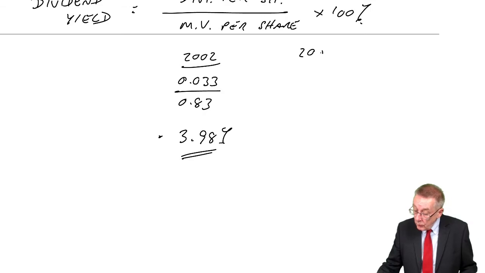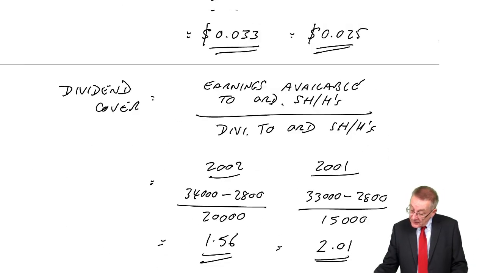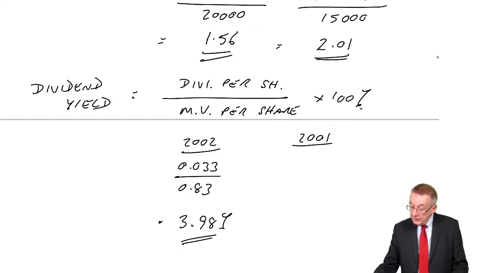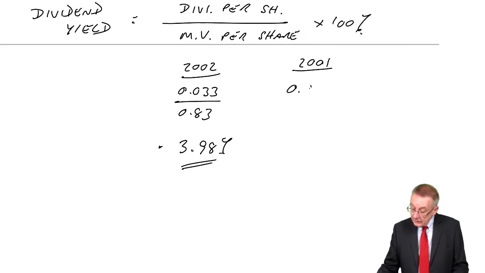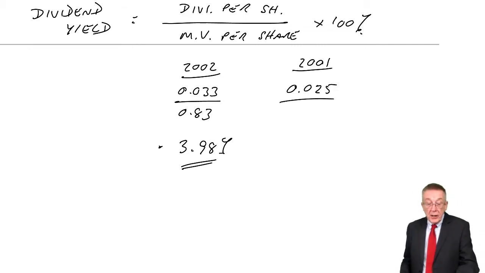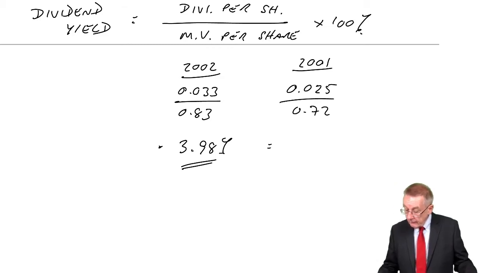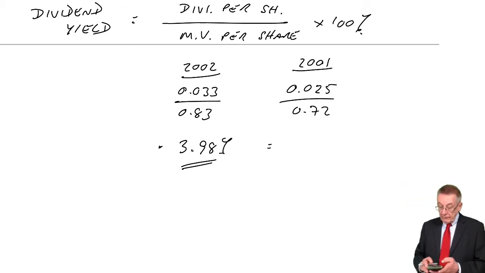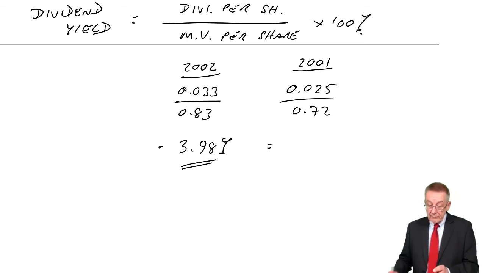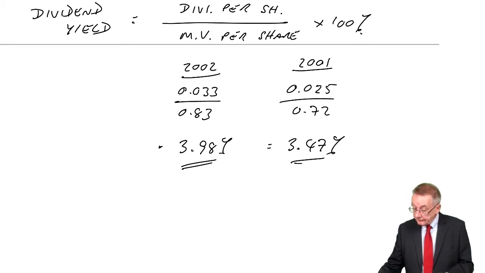Whereas in 2001, the dividend per share was 0.025, divided by the market value per share in 2001, ordinary shares were 72 cents, which was 3.47%.